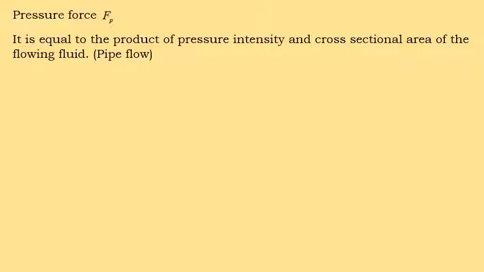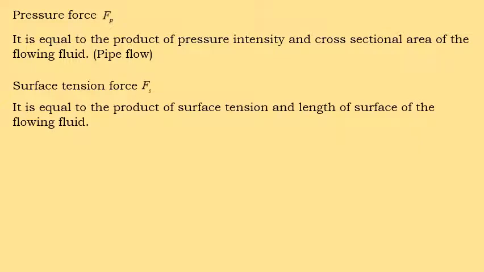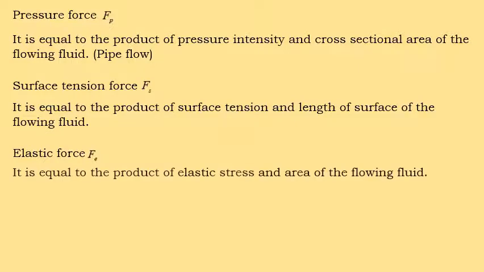At that time, the pressure force is given by the pressure intensity and the cross-section area of the pipe. Surface tension force is equal to the product of surface tension and length of the surface of the flowing fluid. Next, elastic force Fe is equal to the product of elastic stress and area of the flowing fluid. So these are the different types of forces acting on a flowing fluid.